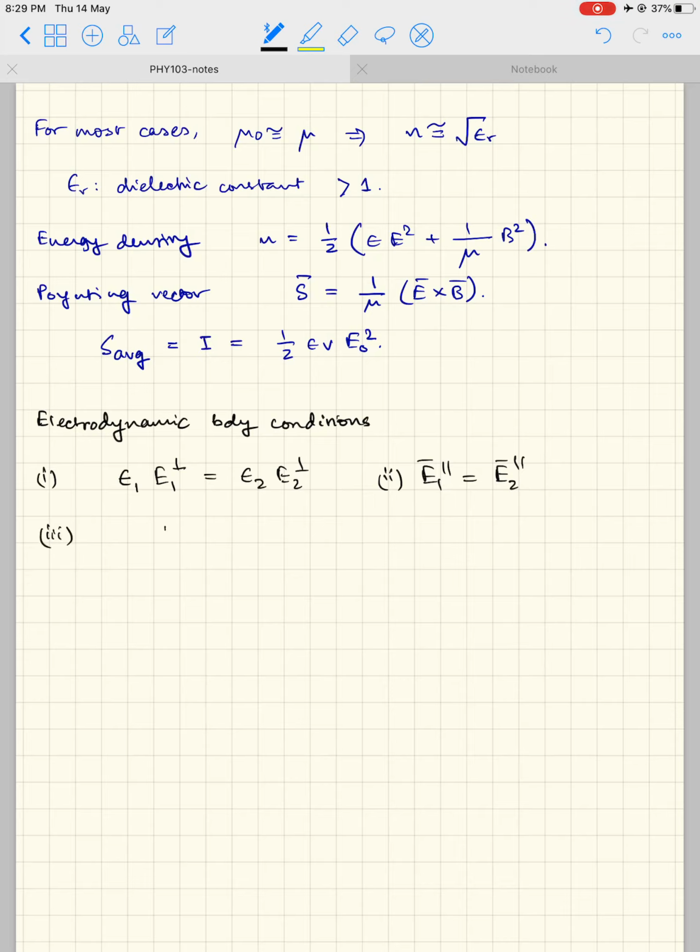So the B1 perpendicular will have to be equal to B2 perpendicular, and the last equation will relate 1 over mu1 B1 parallel to 1 over mu2 B2 parallel. So these just relate electric and magnetic fields just to the left of the interface to just to the right of the interface between two media.